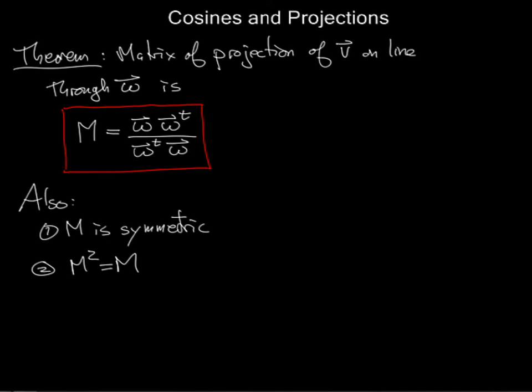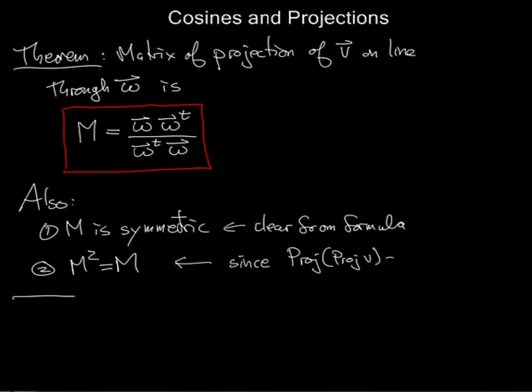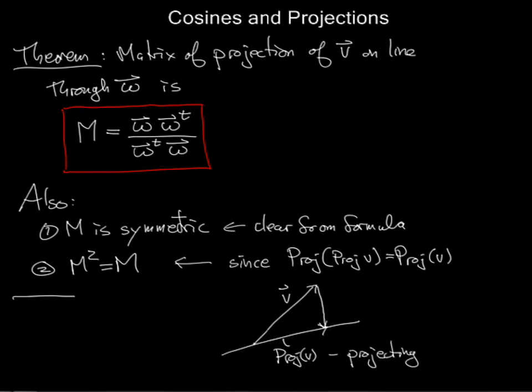M squared is equal to M. Well, these second two assertions, it's symmetric is clear from the formula, this w w transpose thing. We'll see in an example. And the fact that M squared is equal to M is because if you project a vector twice, nothing extra happens. Once you've projected it once, projecting it again doesn't do anything. There's v. You project it to get its projection, and then the projection of the projection is itself. So that's why M squared is equal to M.